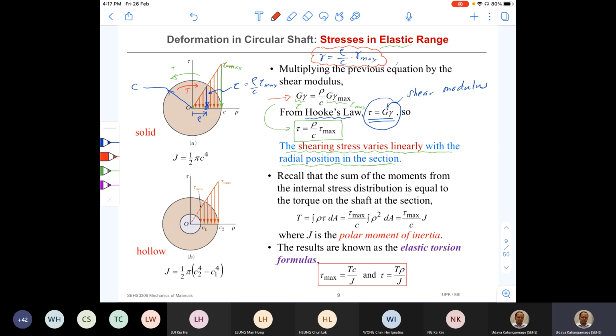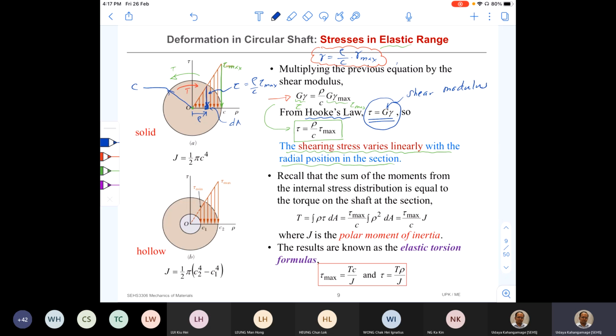Now we know the shear stress at this small point here. Let me take this point as a very small area dA.